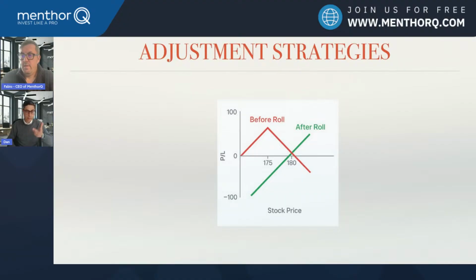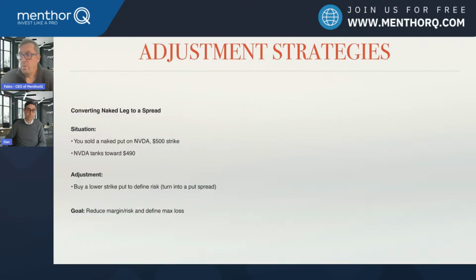Maybe it's time to switch sides and you can make up what you lost. So this is very simple. Before we rolled, if the stock went down, the loss grows and grows, or we go up. But after rolling, we can adjust this and make this better.